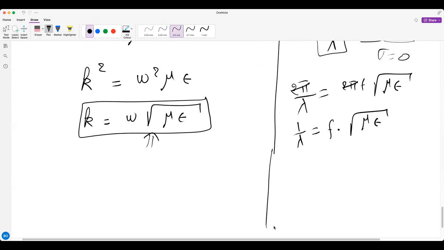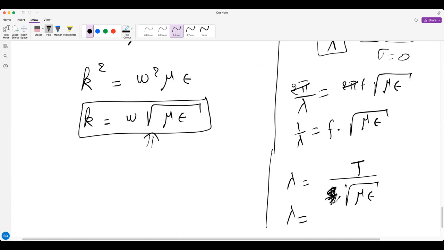This means that lambda is equal to 1 over f square root of mu epsilon. 1 over f is the period of the wave.